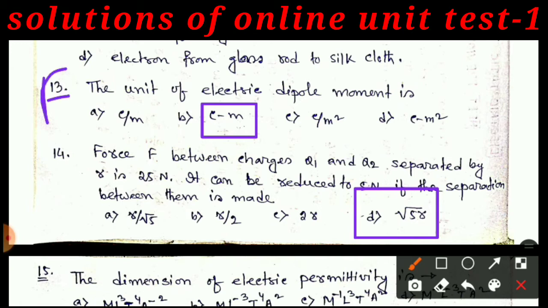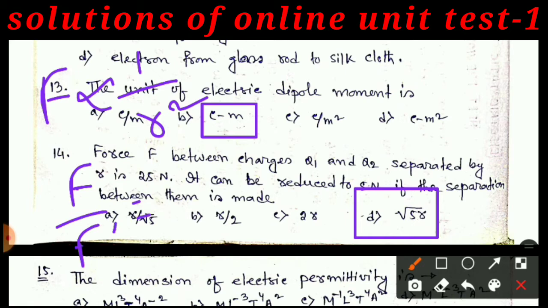So we can write F proportional to 1 by r square. Now F by F dash is equal to r dash by r, whole square.